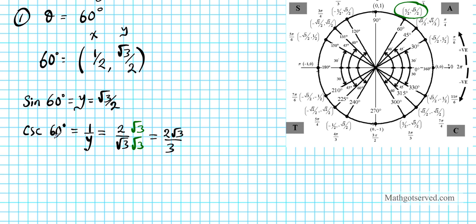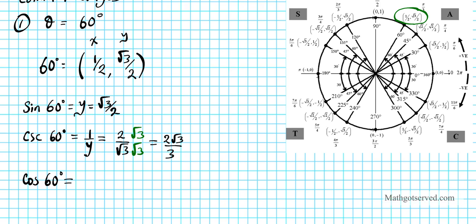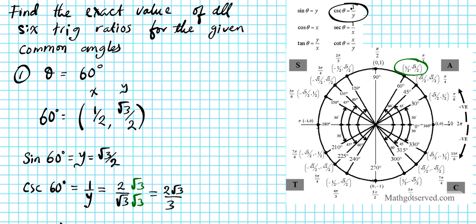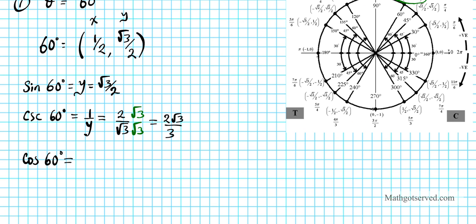Now let's move on to cosine 60 degrees. Looking at the unit circle ratios, cosine is the x coordinate. The x coordinate here is 1/2, so cosine 60 degrees is 1/2. Its reciprocal is secant.